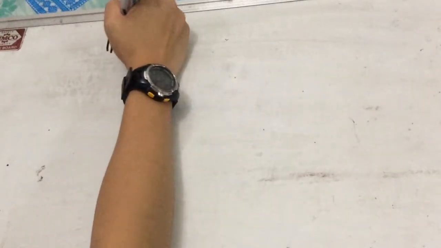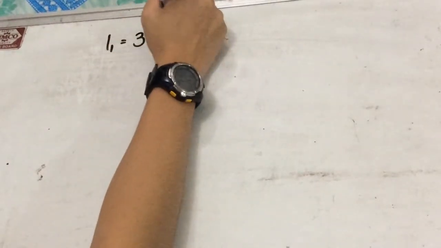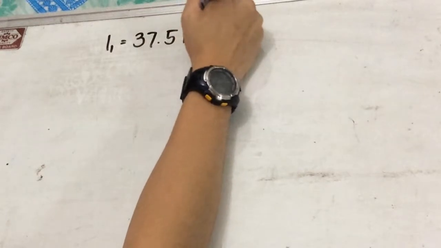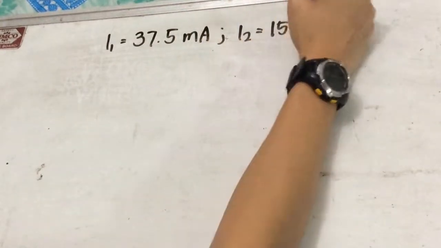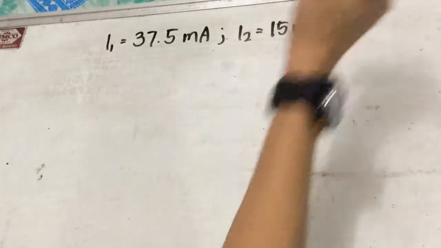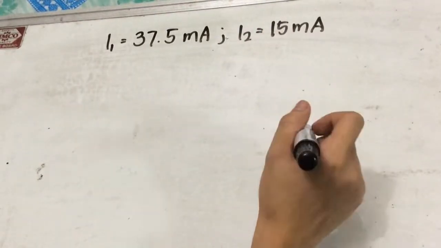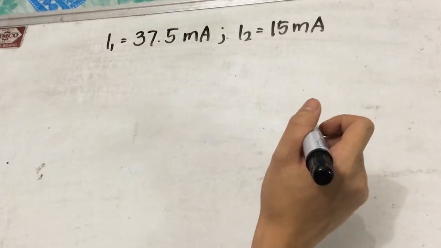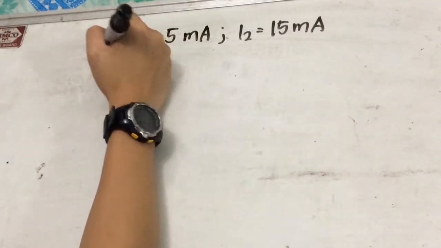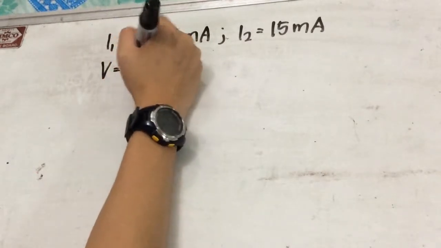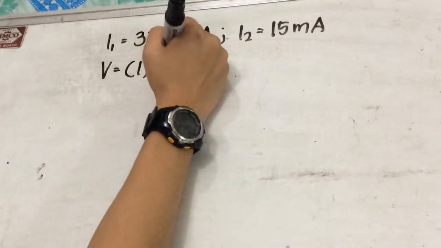Now, solving equations 1 and 2 simultaneously, we will get I1 and I2, wherein I1 is equal to 37.5 milliamperes and I2 is equal to 15 milliamperes. We are asked to get the voltage drop at the 200 ohm resistor. So let's recall Ohm's law. It states that voltage is equal to the current times the resistance.